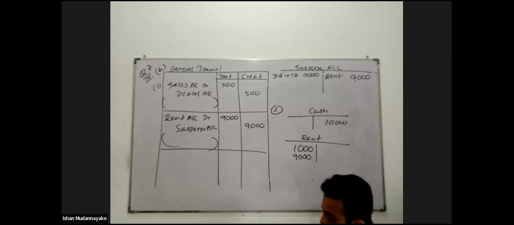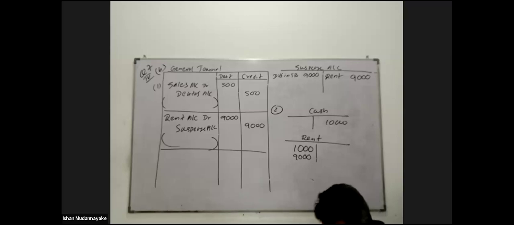Write down the narration. Correction of recording. Rent payment of 10,000 as 1,000 in rent account.